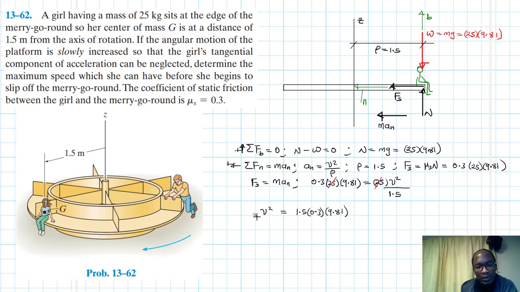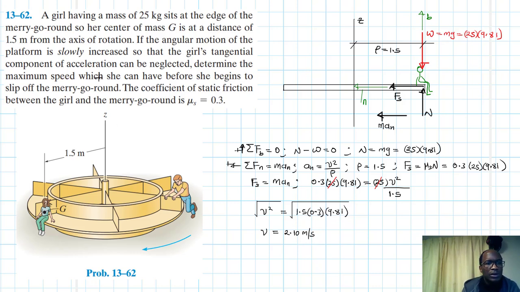Taking the square root of both sides, our v is equal to the square root of 1.5 by 0.3 by 9.81, and then we have 2.1 meters per second.